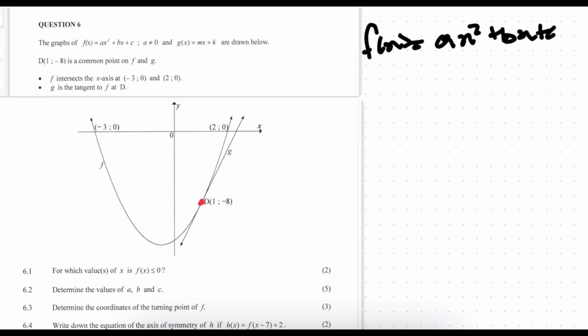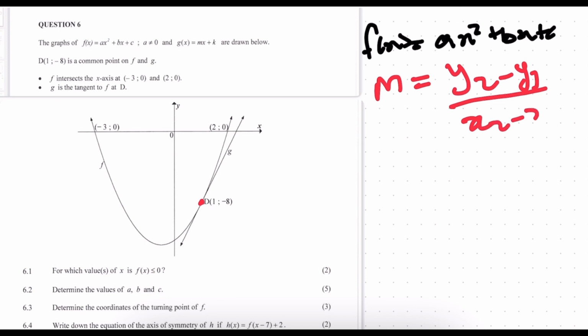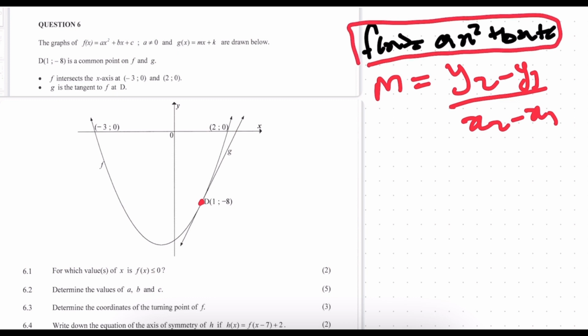In a straight line function, your gradient is equal to y2 minus y1 all over x2 minus x1. Maybe I was using incorrect terms. What I meant to say was that the gradient at any point is determined by taking a derivative of the quadratic function. Maybe I said a tangent, but I can't recall clearly.